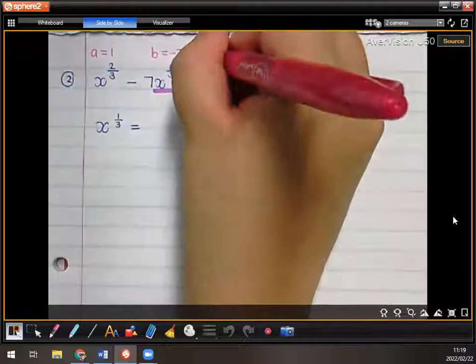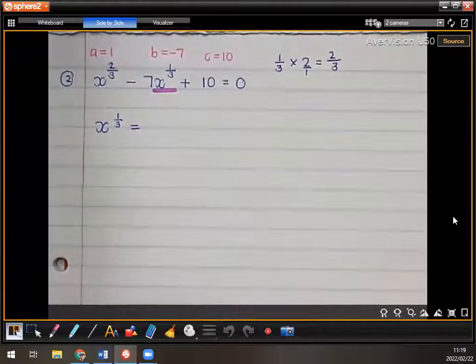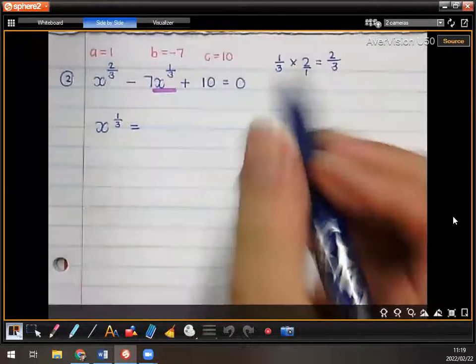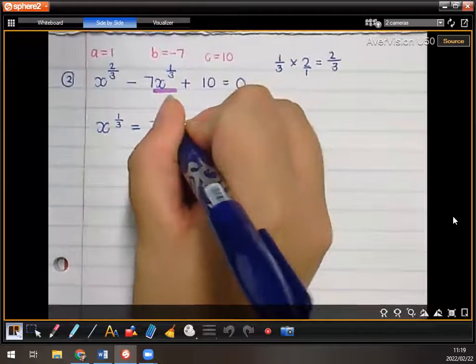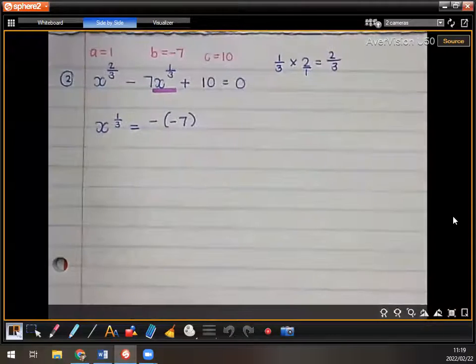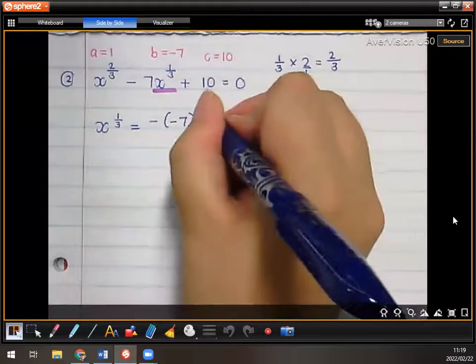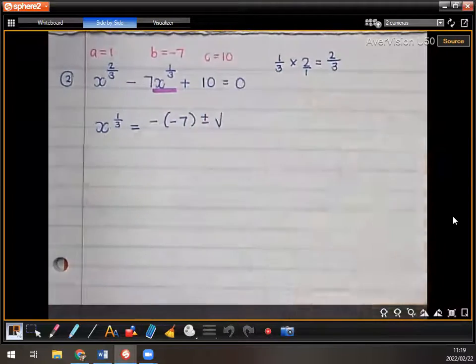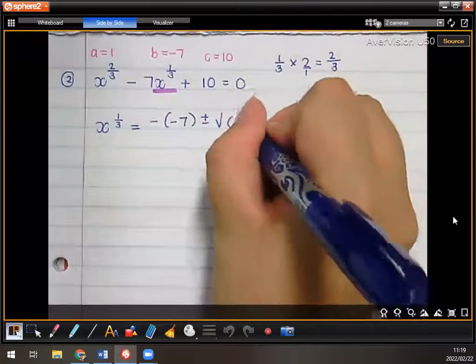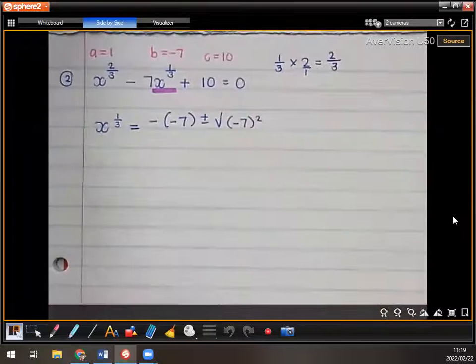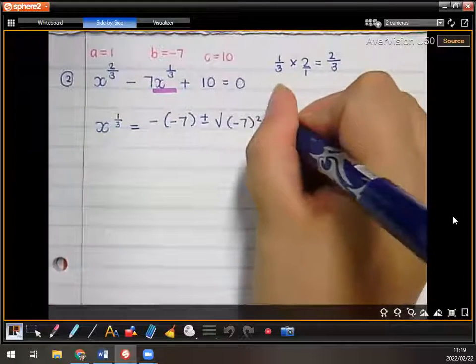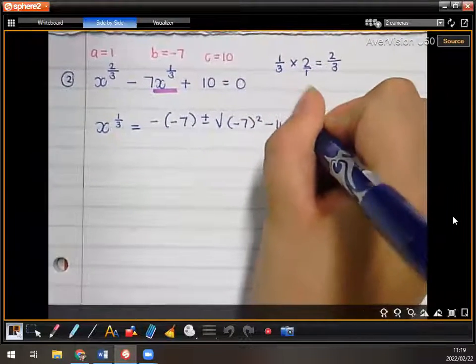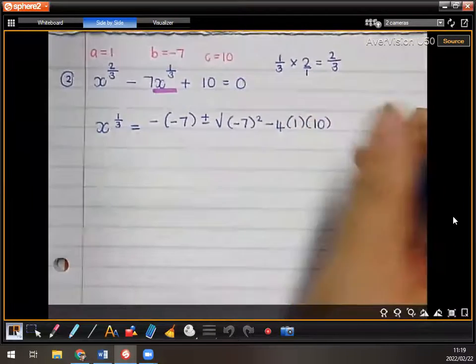Right? And c is 10. So we're going to do negative b, so negative negative 7, plus or minus the square root of b squared minus 4 times a, which is 1, times c, which is 10.